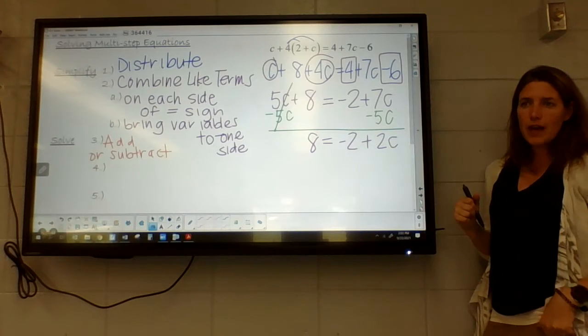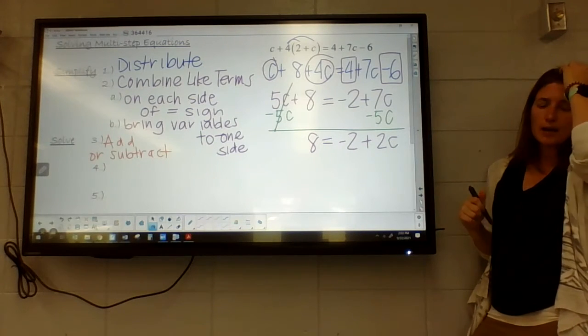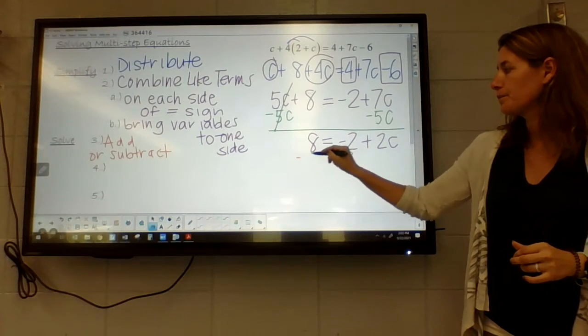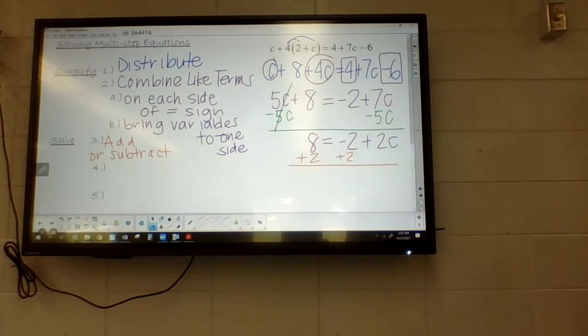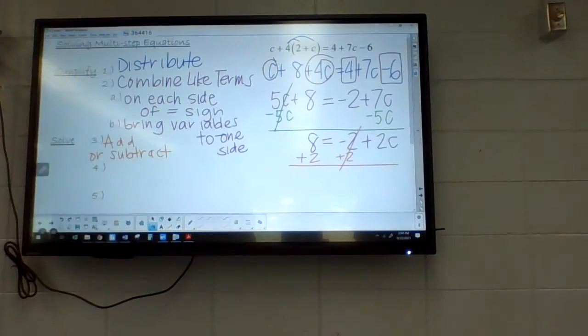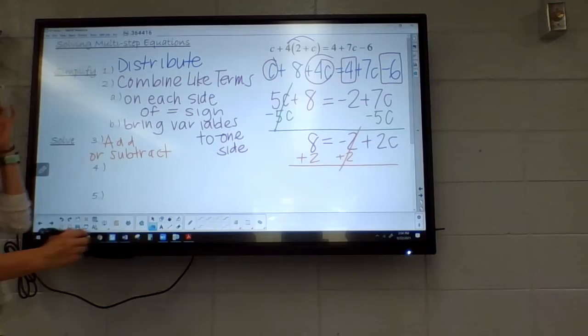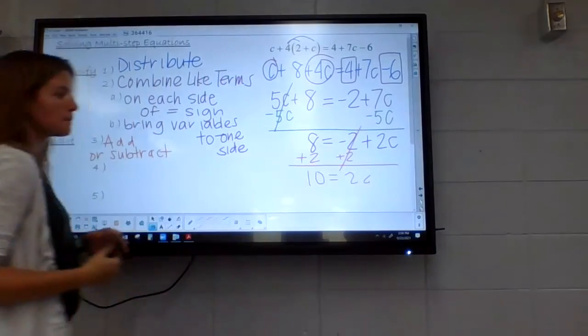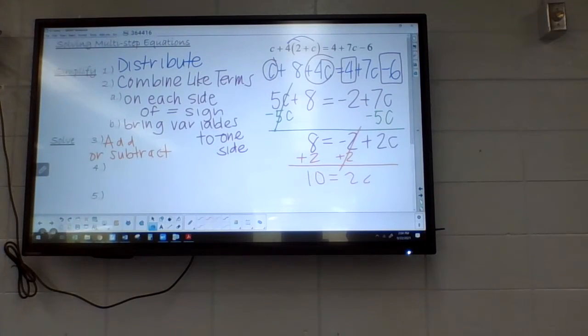So in order to move -2 to the other side, I'm going to add 2. So -2 and +2 is going to cancel. 8 and 2 is going to be 10. And then there's going to be a 2C left on that right side.